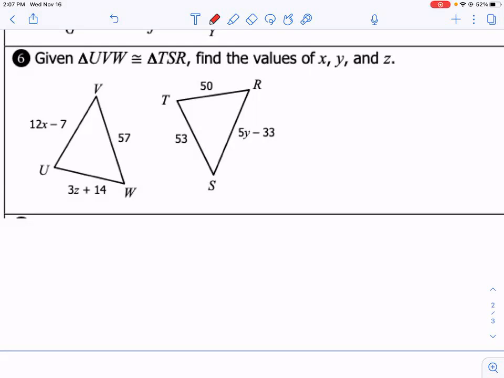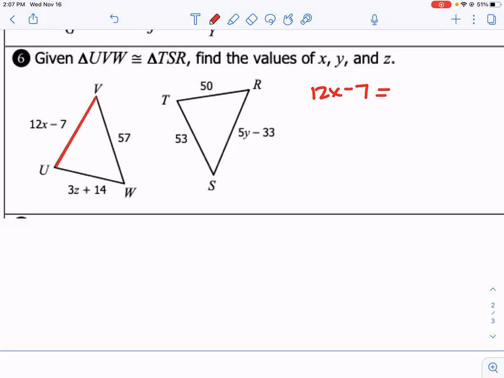All right, let's look at this problem right here. This is number 6. Keegan, if I want to solve for x, what do I do with 12x minus 7? So 12x minus 7 is this side right here, UV.